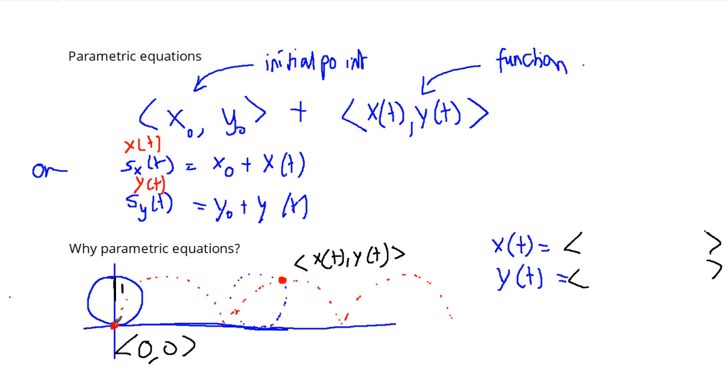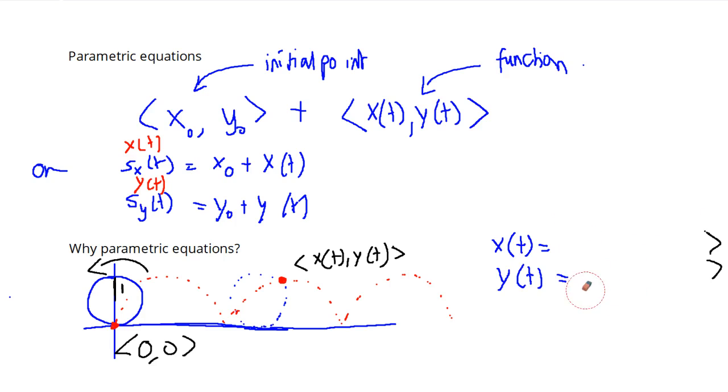If we rotate it this way, then it would have been a cosine and a sine. X of t equals cosine, and y of t equals sine. But since we're rotating the opposite way, everything is going to be negative.